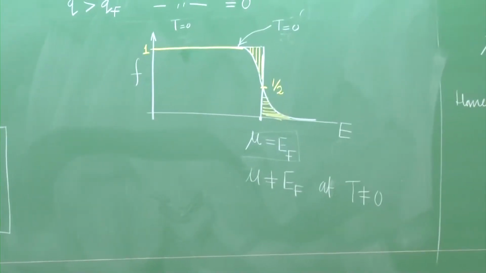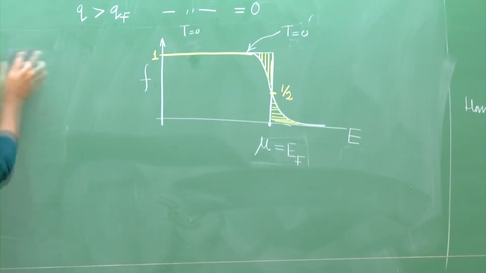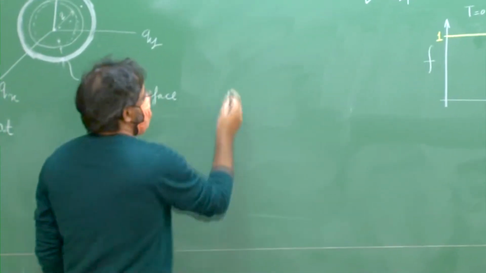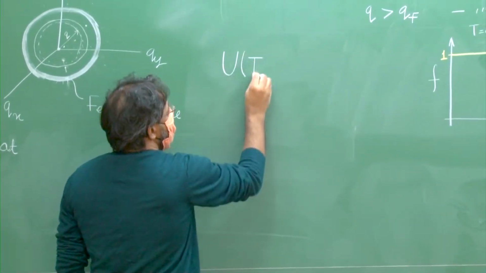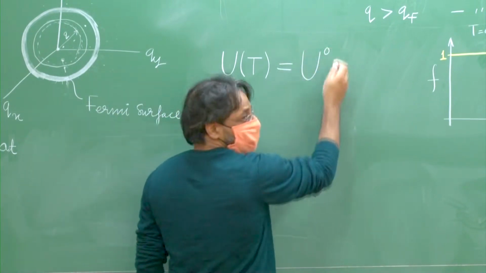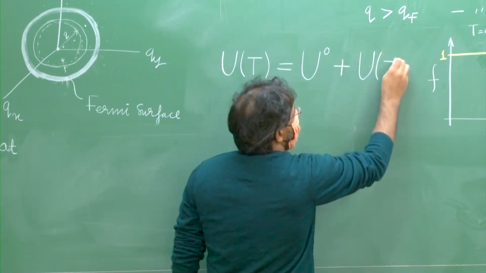So, now coming to the expression for specific heat. Now that you have done phonons, you know how to calculate specific heat. The only degrees of freedom that we have here are the electrons, right. So, you ask what is the energy of electrons at any temperature T. That will be equal to their ground state energy u0 plus the energy that they have gained.